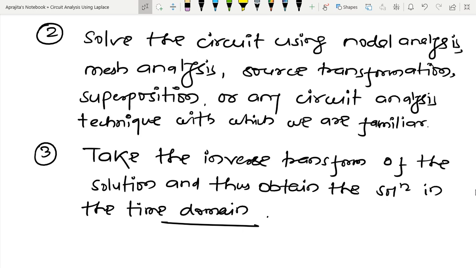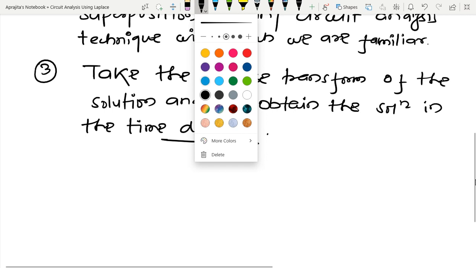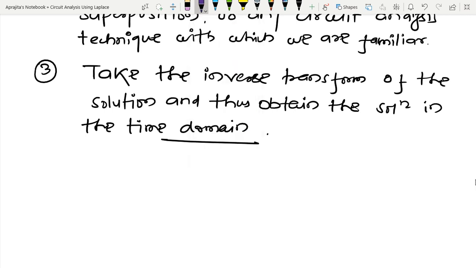So now let us try to discuss the first step here, because that is the new one for us, and after that all the above is just routine practice. So let us start with the element, that is the resistor.